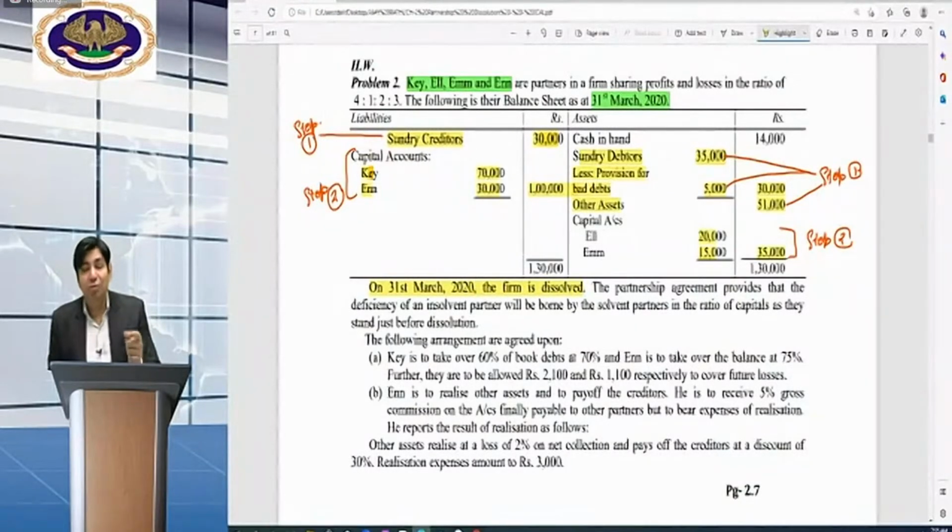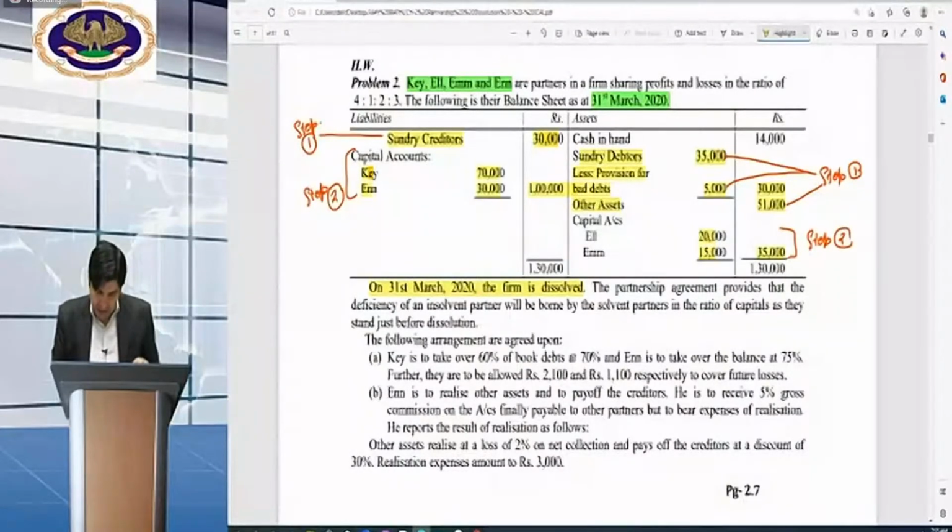One more thing is there. As in CA Foundation, the partners always died at the exact balance sheet date. The same is the case here. Everything related to realization is given as of the balance sheet date.